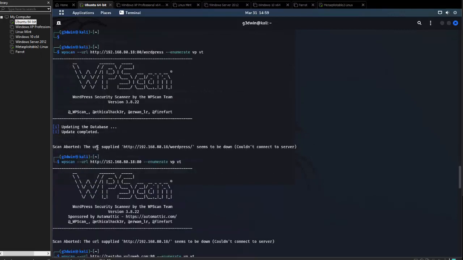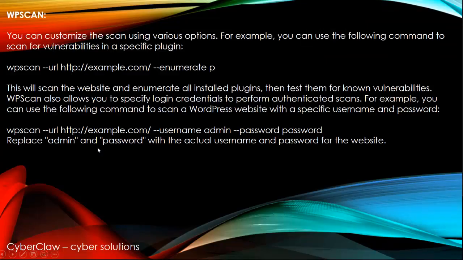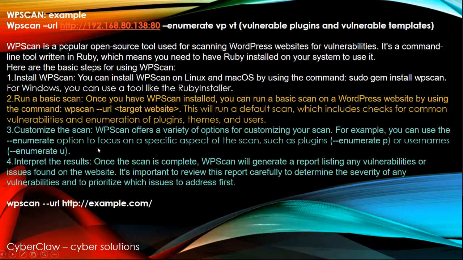See, if you type wpscan with the URL, --url, let's say this one was supposed to be working if I had a WordPress install, I mean a website, and I do --enumerate, like I said, for vp and vt, which is right here: vulnerable plugins and vulnerable themes.